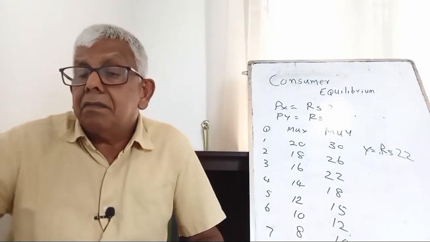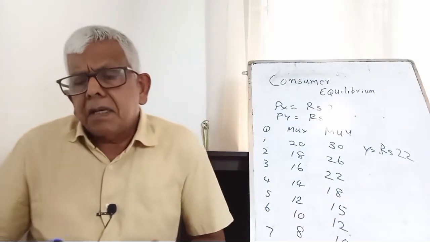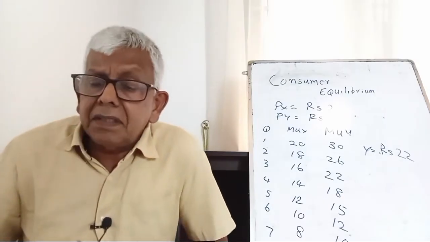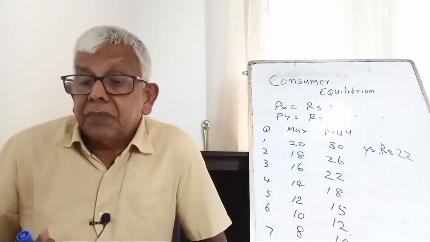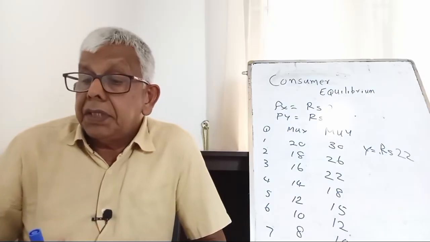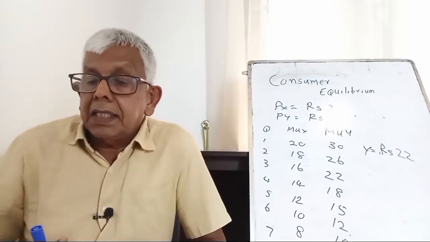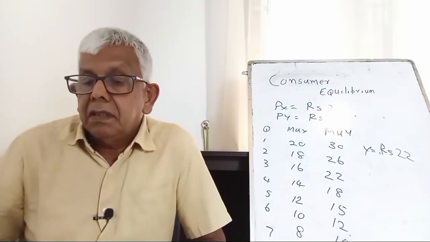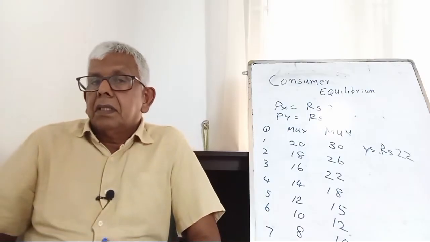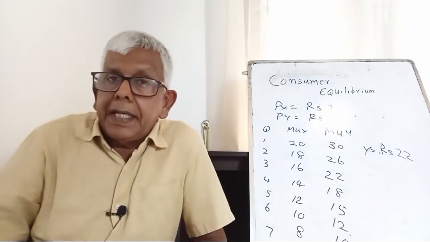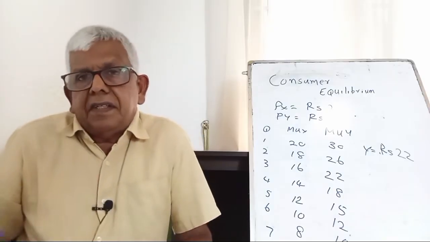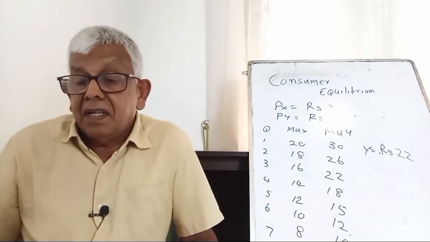Given this information, we can examine the combination of X and Y. As in the earlier case with only one good, the consumer has to compare the price and the marginal utility at different quantities.